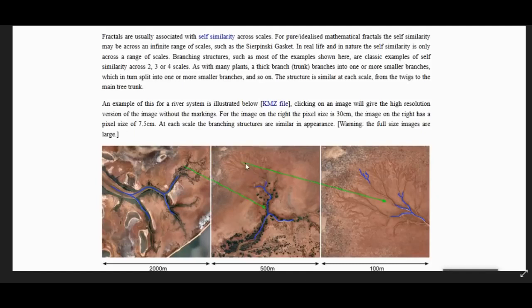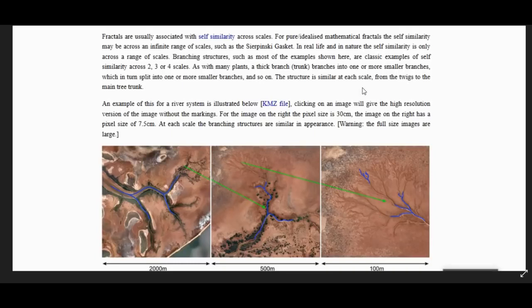And if you zoom in on this part, that goes on to branch off into other areas that themselves branch off. So it just keeps on repeating itself within the same relative proportion. So that's what a fractal is. It's a pattern that keeps repeating on different scales.